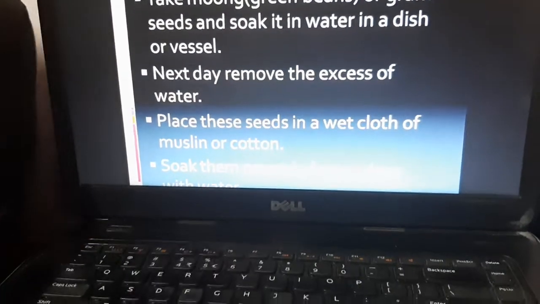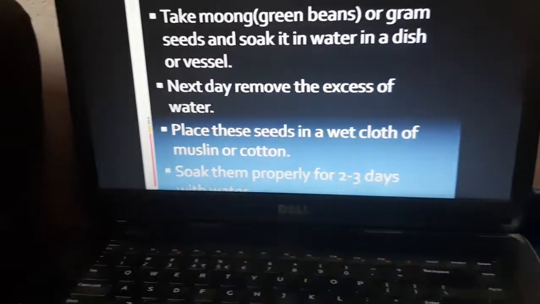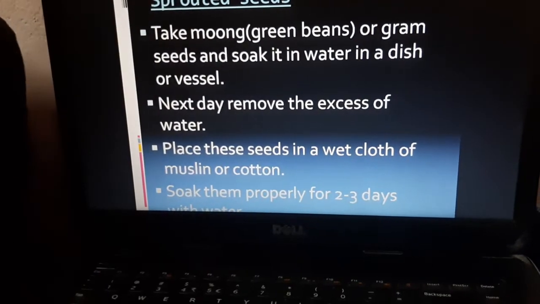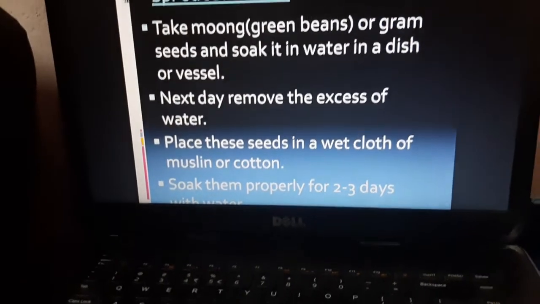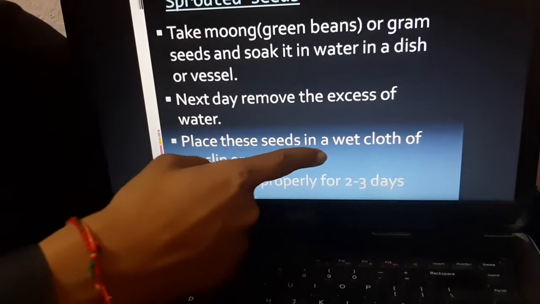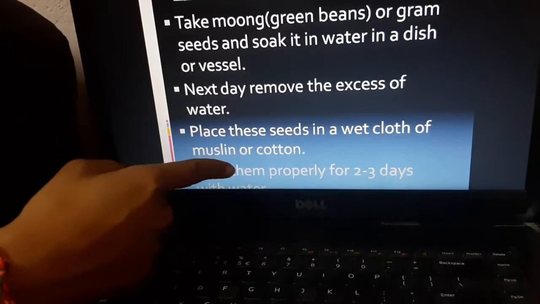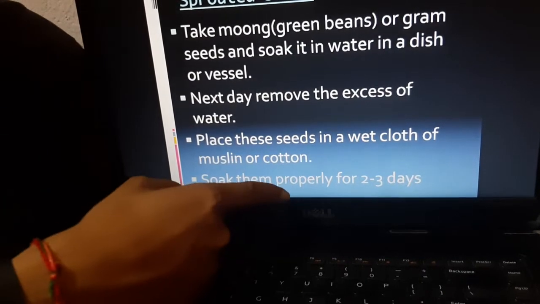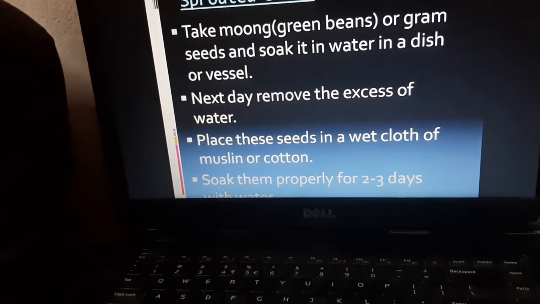Next day remove the excess water. Place these seeds in a wet cloth of muslin or cotton. These pulses can be stored in a wet cloth of muslin or cotton and kept moist for 2 or 3 days.